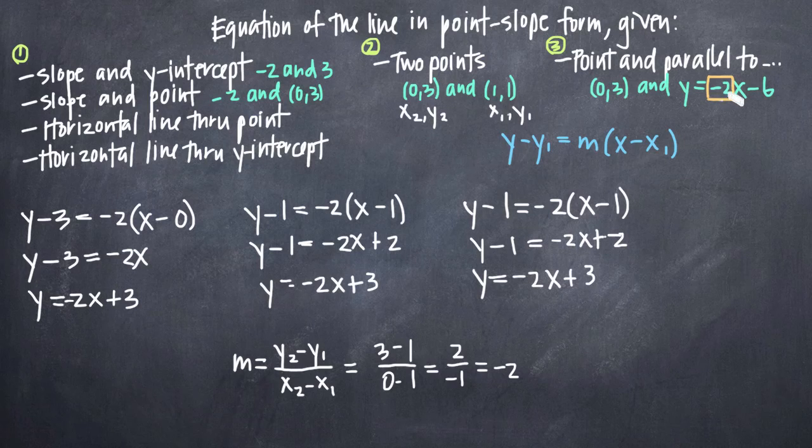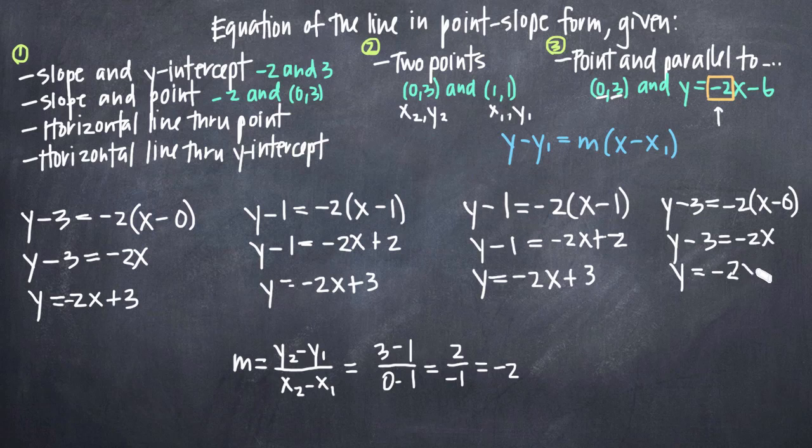So you just have to pick the slope out of this equation and then say y minus our y coordinate here, 3, is equal to the slope here, negative 2, times x minus our x coordinate here, 0. And then again, you can leave it like this, or you can simplify negative 2x, and then if you want to, y equals negative 2x plus 3.